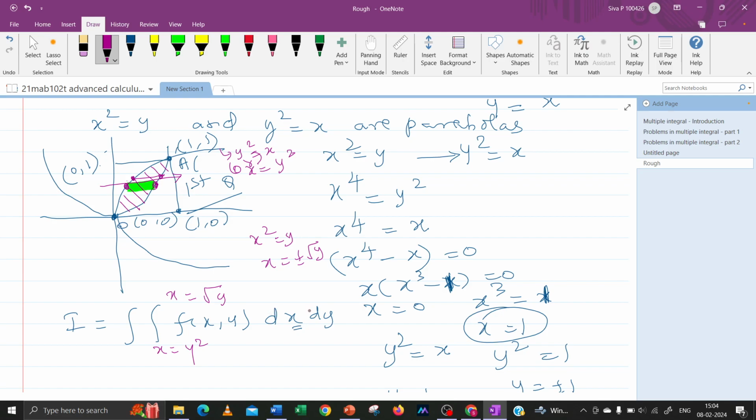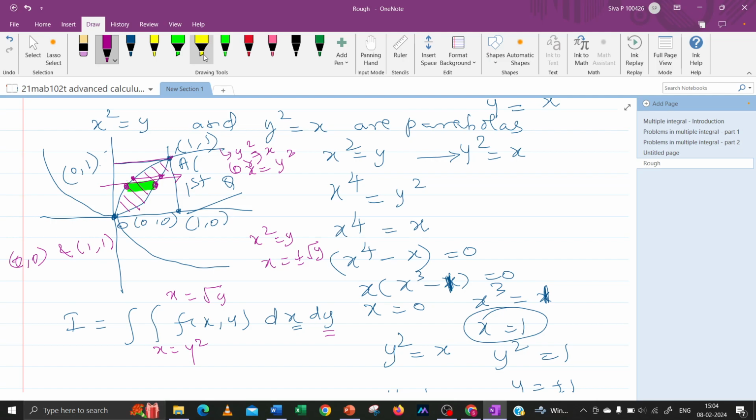Next we have to write the limits of the outer integration. How to write the limits of the outer integration? As I told, see the intersection points. Two intersection points are there: (0, 0) and the second intersection point (1, 1), is it not?